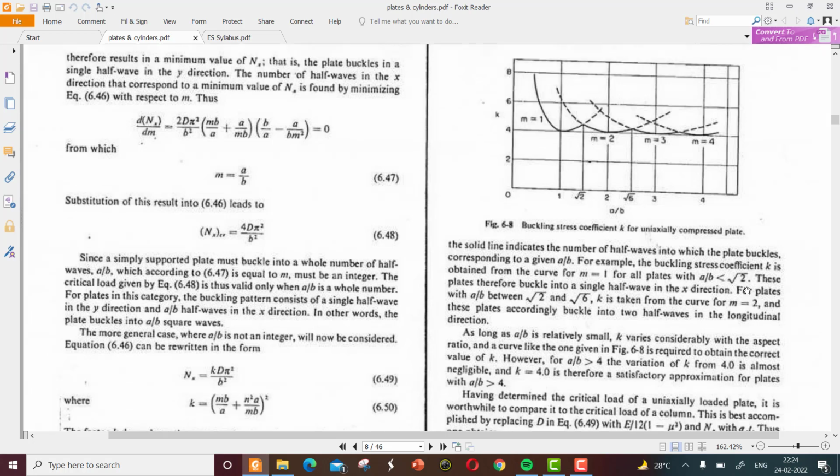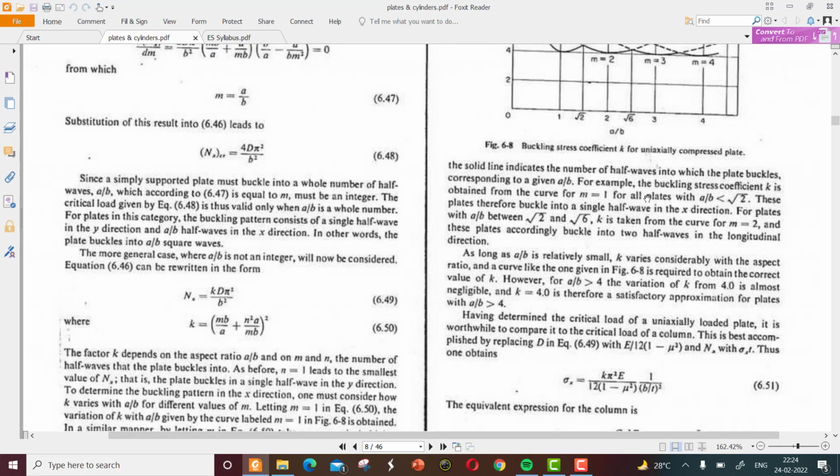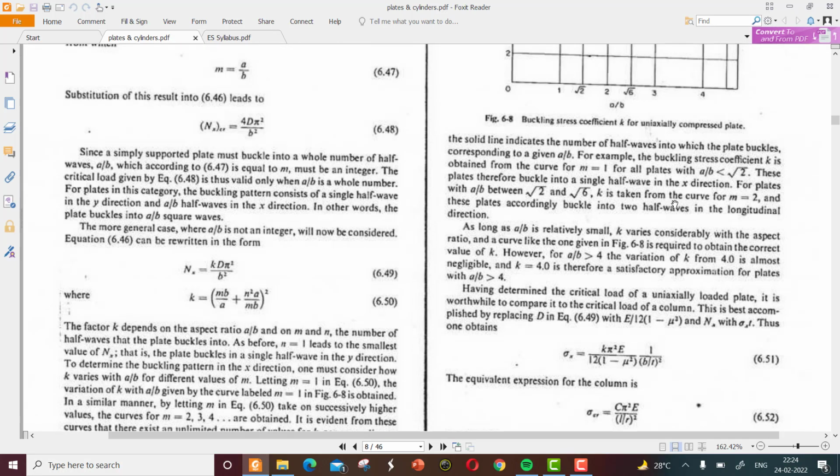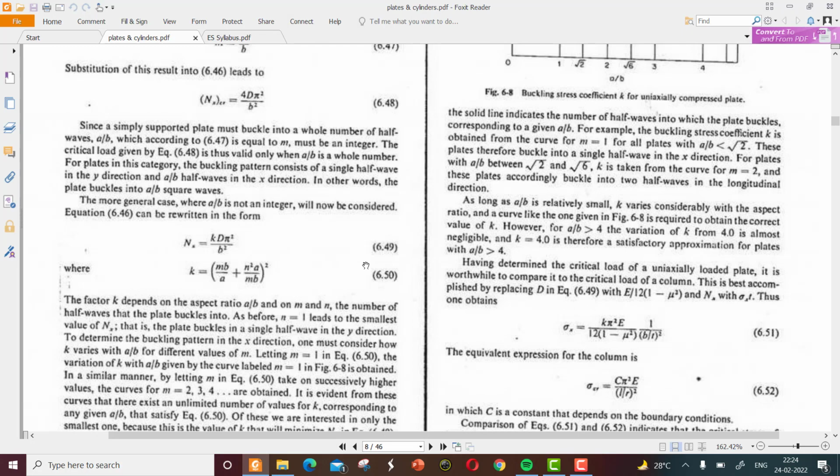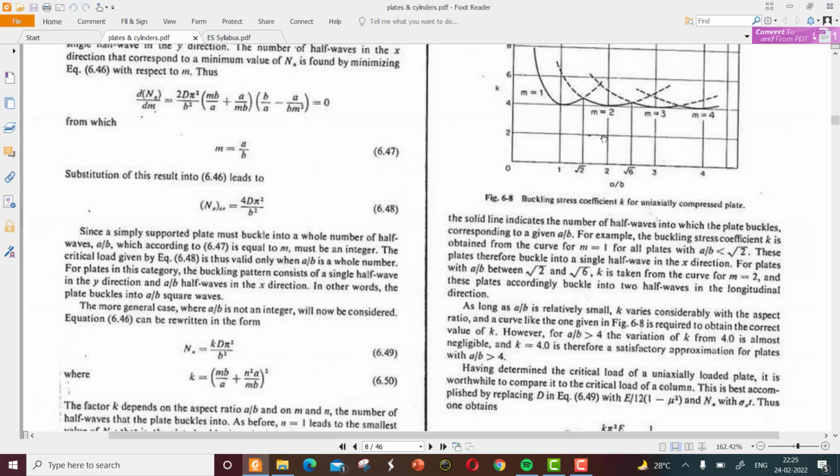Here you can see our case is m equal to a by b. For a plate having a by b value that is, the length is more than 4 times the breadth, we have m equal to 4, and for all other conditions we can substitute the m value from the table.